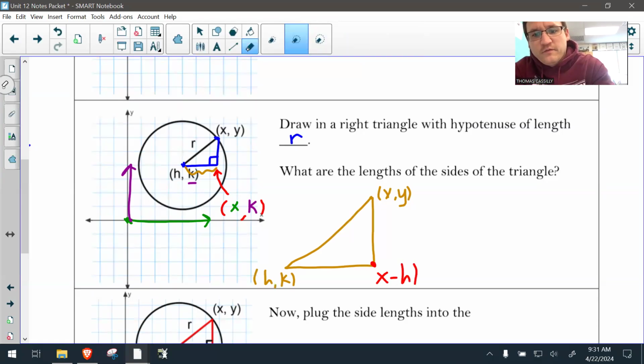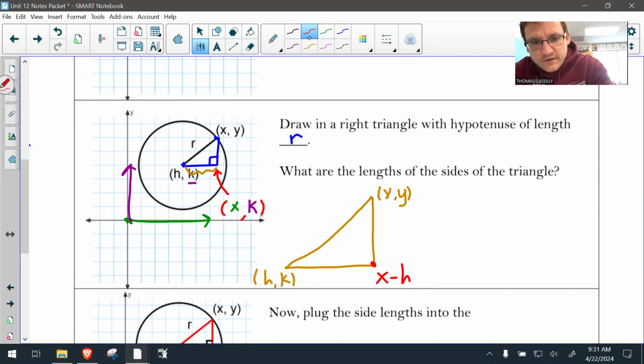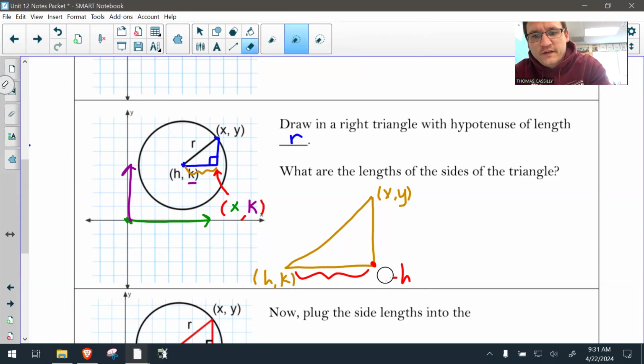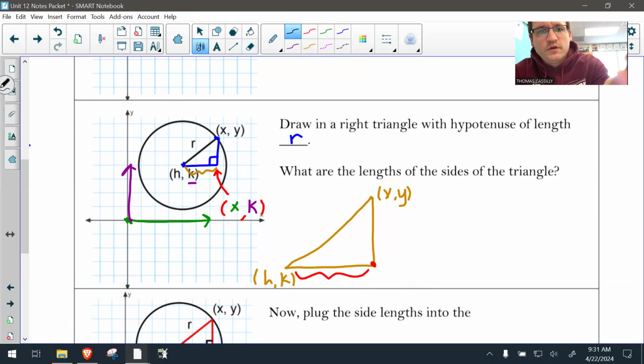That is this distance right here. You take that x value minus the h value, and that tells us that specific length. I'm going to put x minus h underneath like this. And the other leg, the up and down distance, is going to be your y value minus your k value.